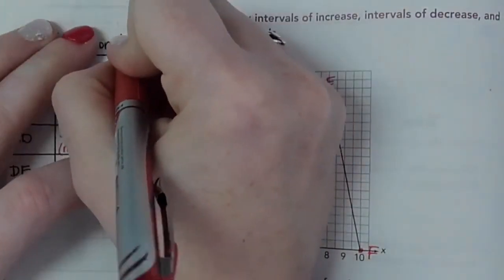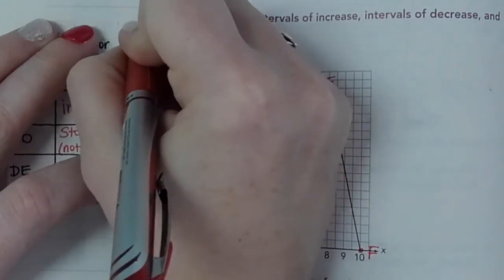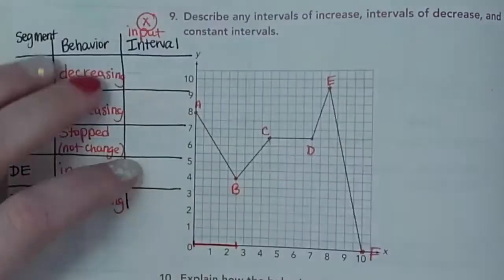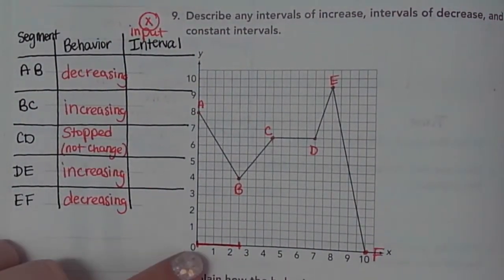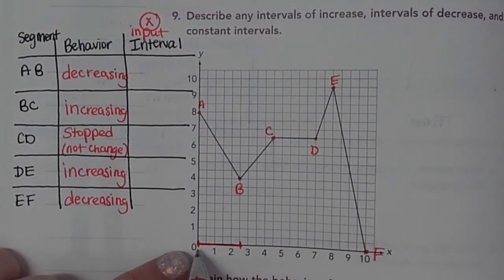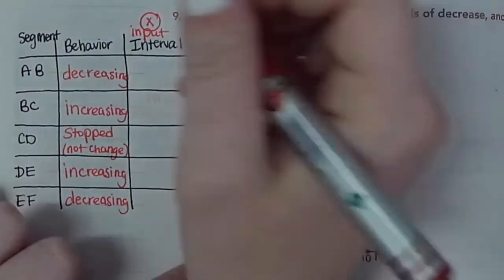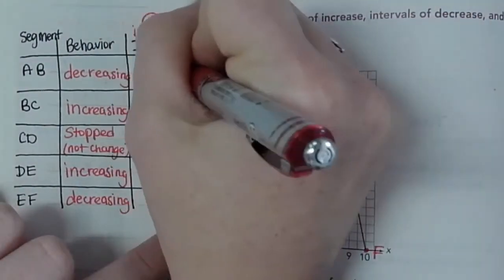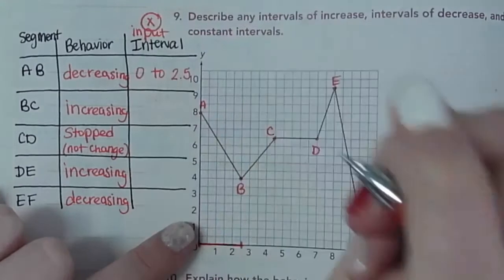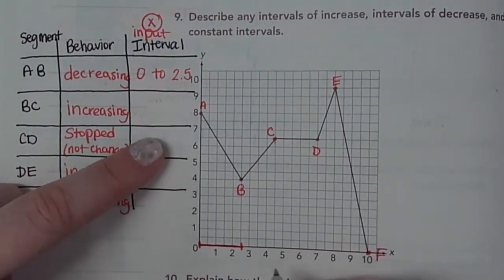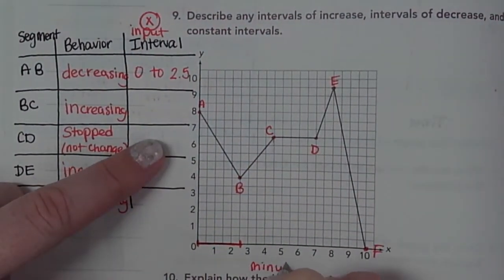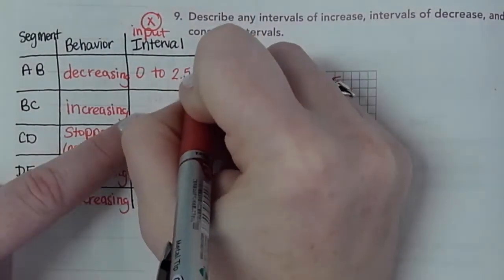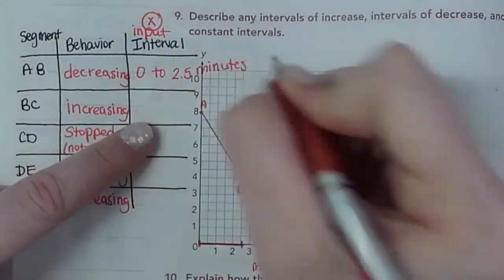So for interval, I'm going to put up here input or X. So it would be from 0, what's halfway between 2 and 3 is 2.5. So it's from 0 to 2.5. And these are minutes. So you could put 2.5 minutes.